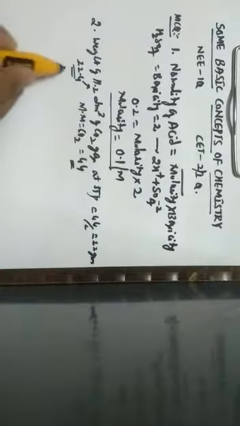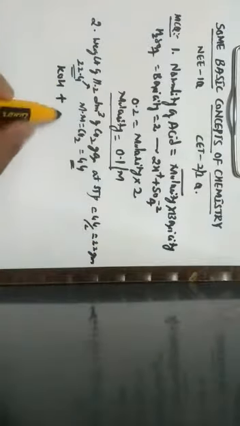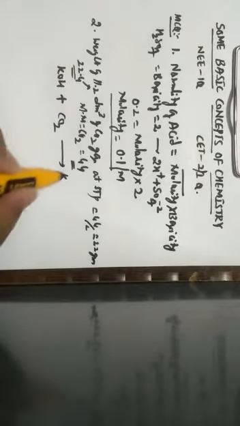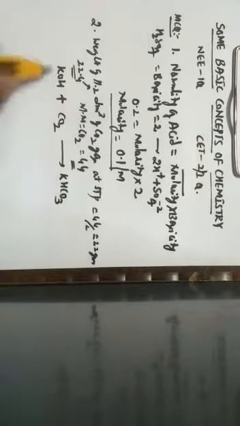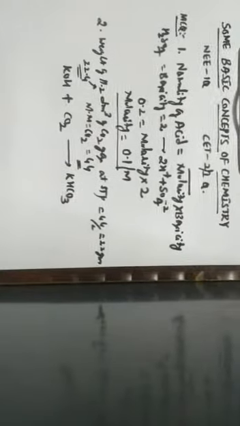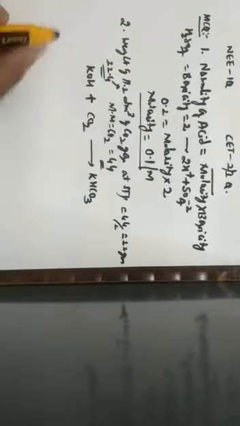Here it has been given that potassium hydroxide upon reaction with carbon dioxide gives rise to potassium bicarbonate.